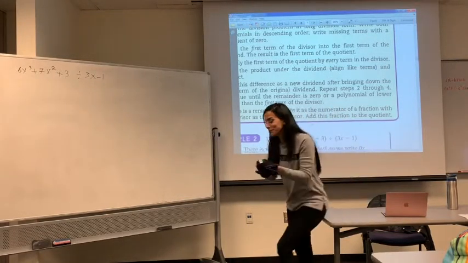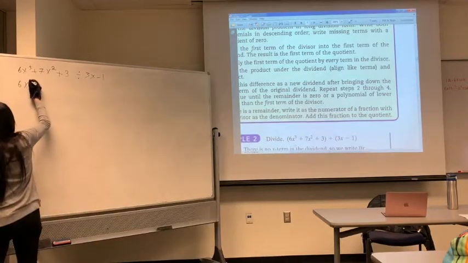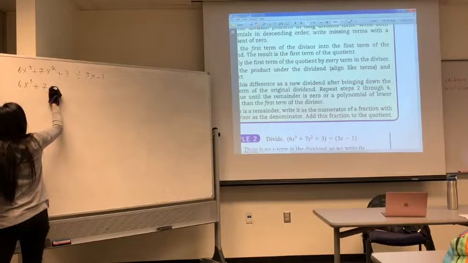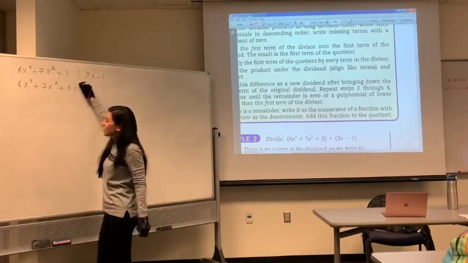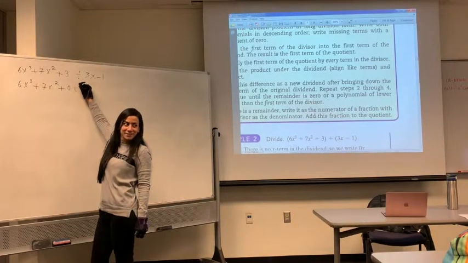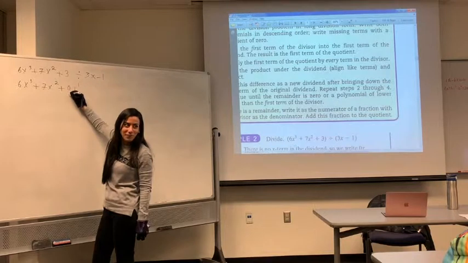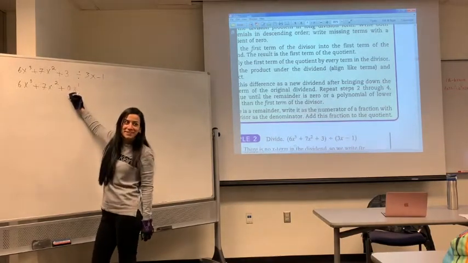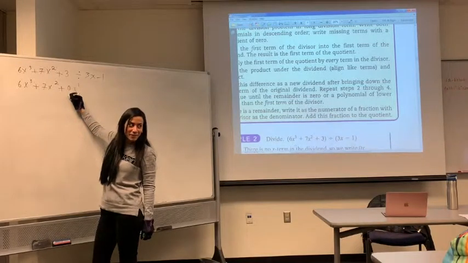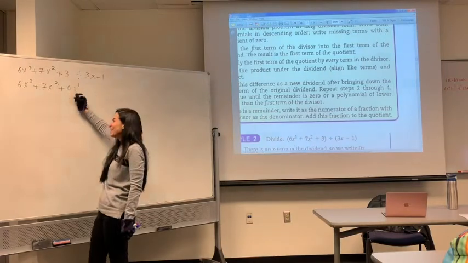So what should you do? 6x power 3 plus 7x power 2 plus 0x power 1. Why? Because it's 0. It was hidden and we brought it back, right?